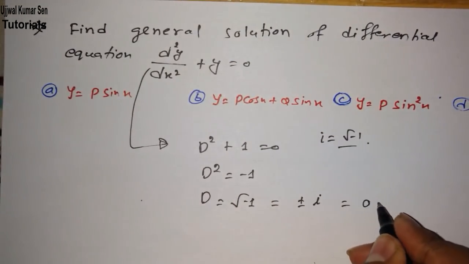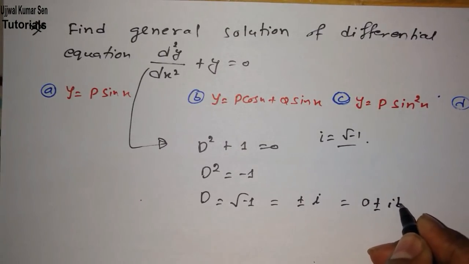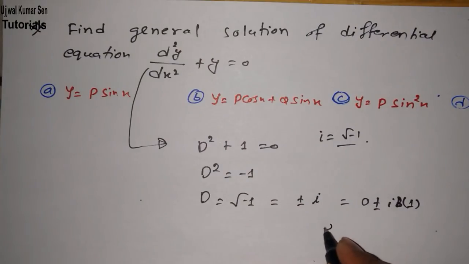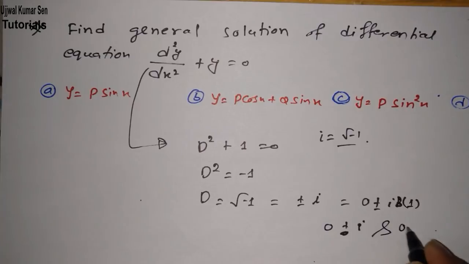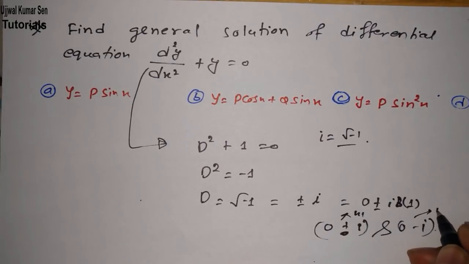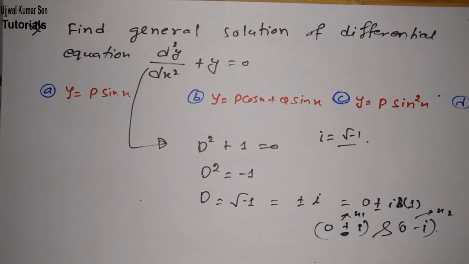So we can write 0 plus minus ib, where b is 1 here. So 0 plus i and 0 minus i. So we got x1 is this and x2 is this, right? It's really simple, right?